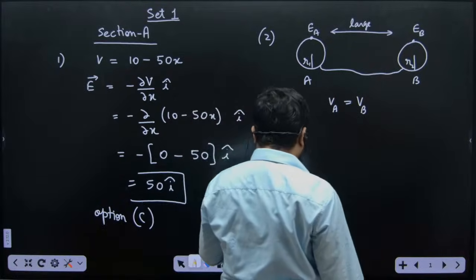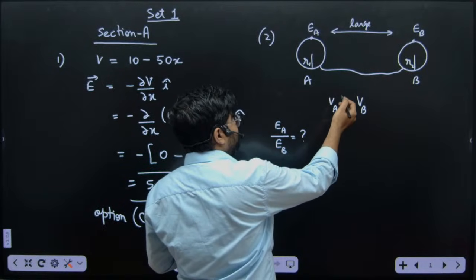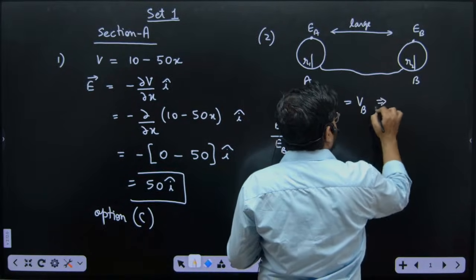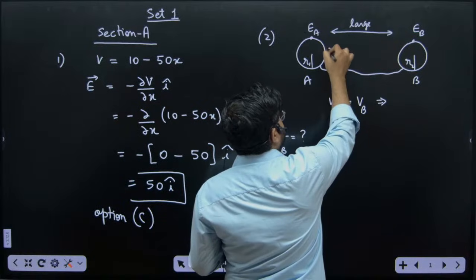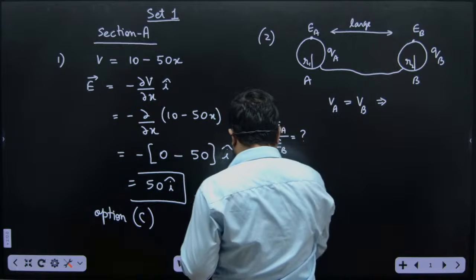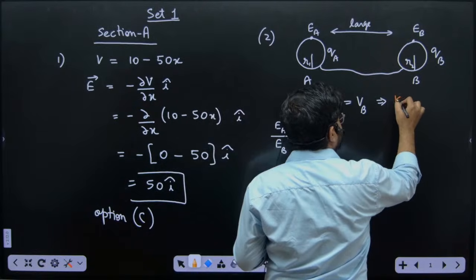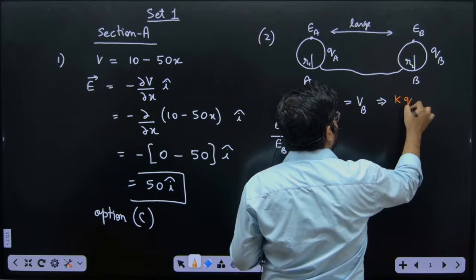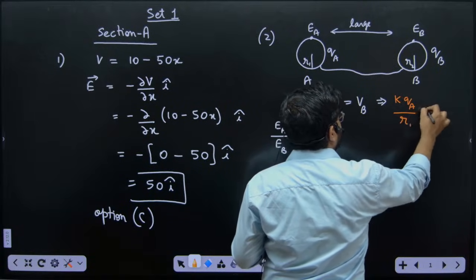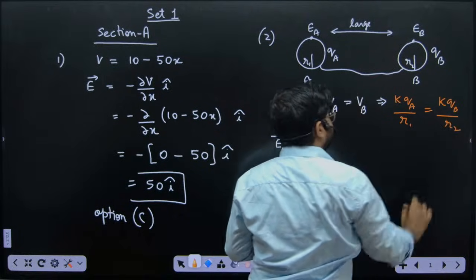Potentials are equal. Let's say the charge here is QA and the charge here is QB. So potentials are equal: K QA by R1 equals K QB by R2.